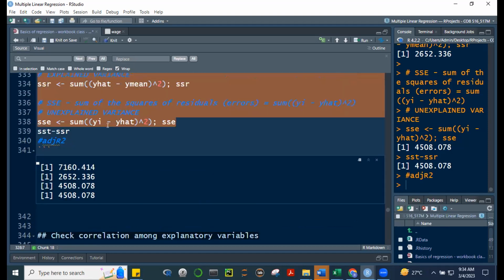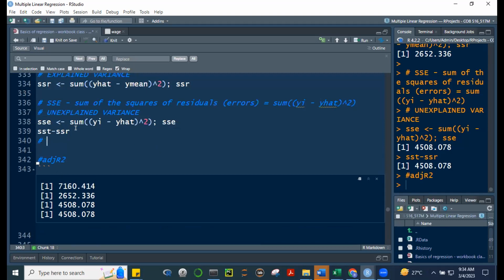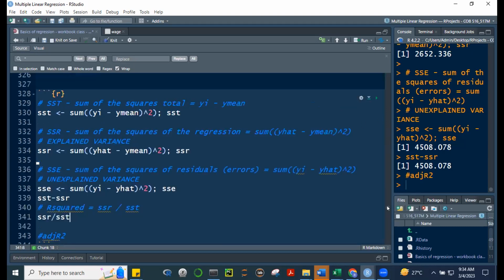Okay, let's expand this a bit. Okay, here we have now your R squared. R squared is simply what can be explained divided by the total variance. All right, so SSR divided by SST. So that's now our R squared.